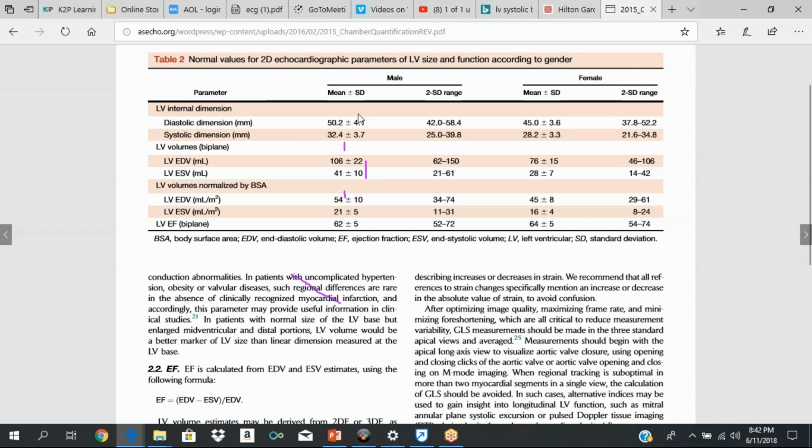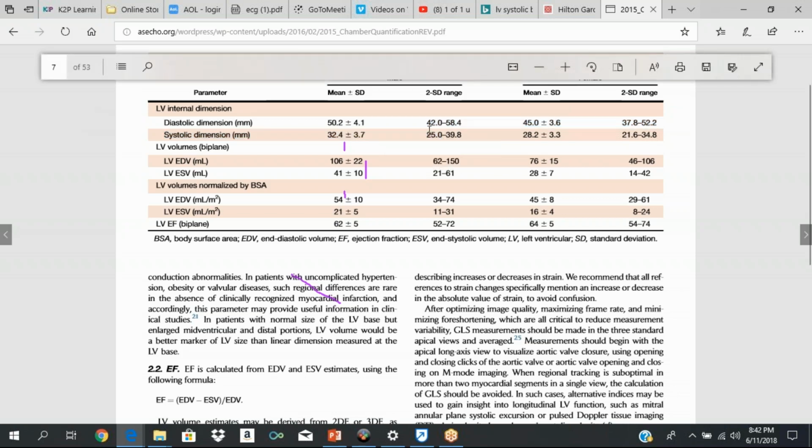So for males, the range for LV dimension in diastole is about 42 to 58.4. Okay, that's LV dimension in diastole. For females, about 37.8 to 52.2.